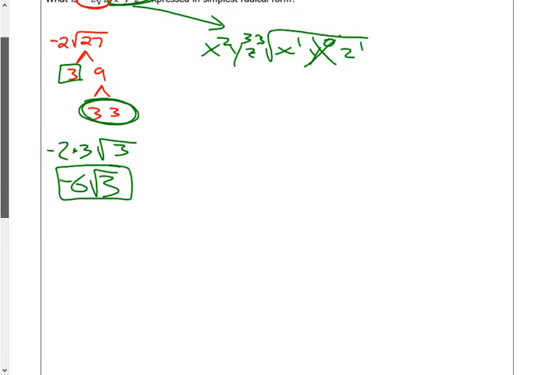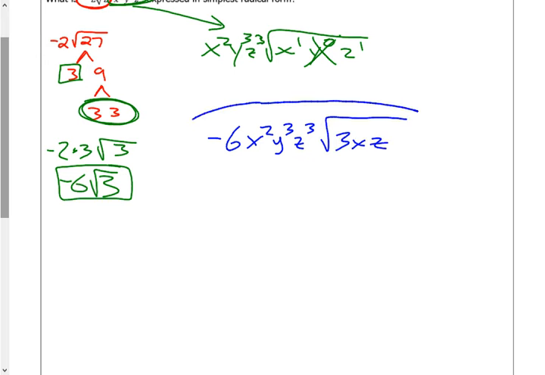And now we're going to combine everything together. I've got -6, x squared, y cubed, z cubed, 3, x, z. I don't need the ones because anything to the 1 is just that letter. And I don't need the 0 at all because anything to the 0 is just 1.